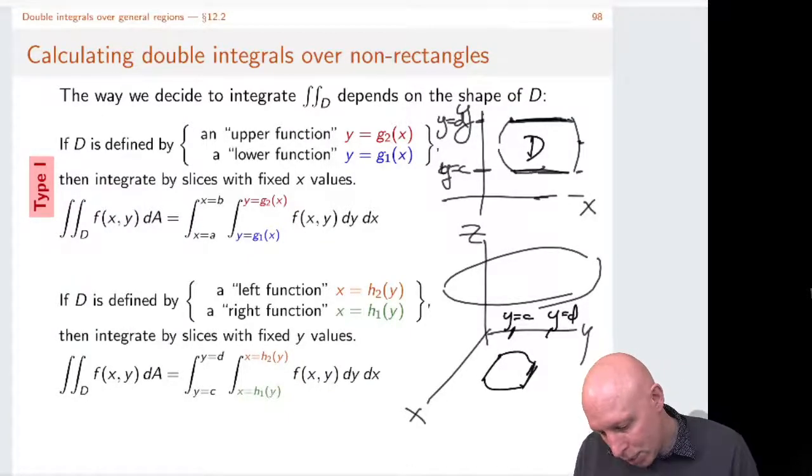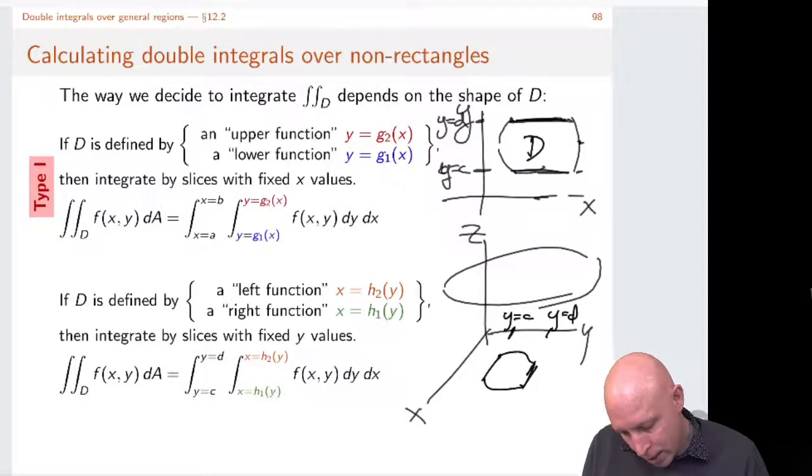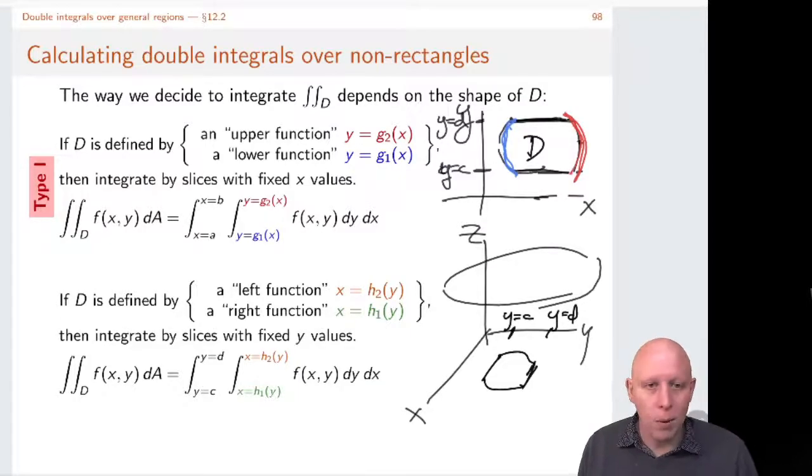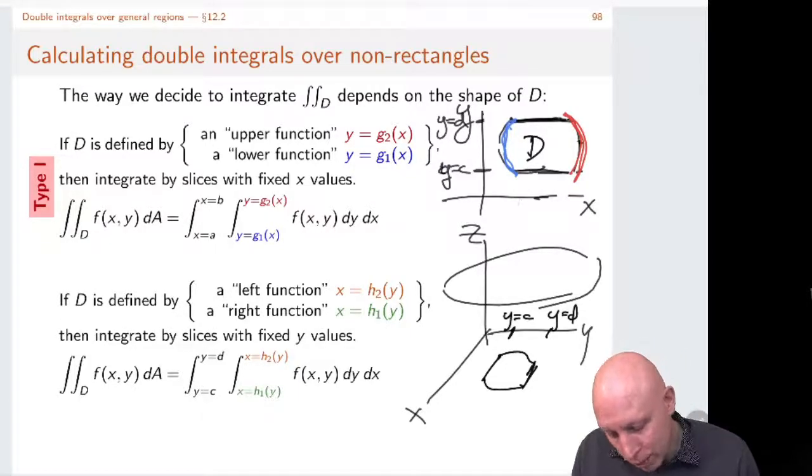And in this case, we have a lower function, which you could kind of consider a left function, but I kind of like to think of it still as a lower and an upper function, where we're saying on the scale of x, this is a higher value of x, and this is a lower value of x.